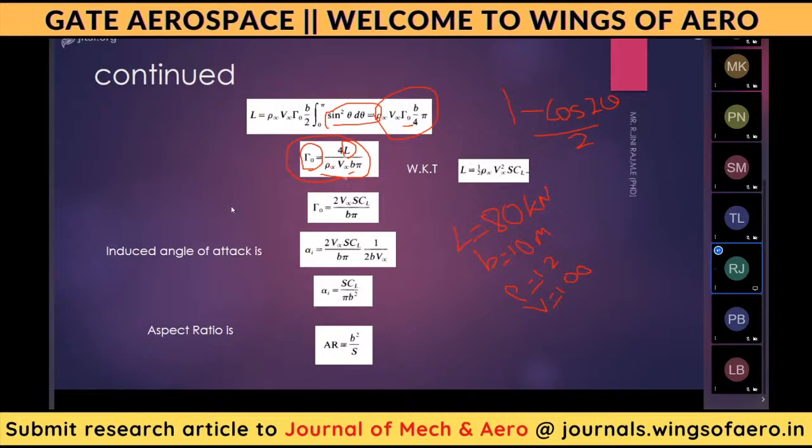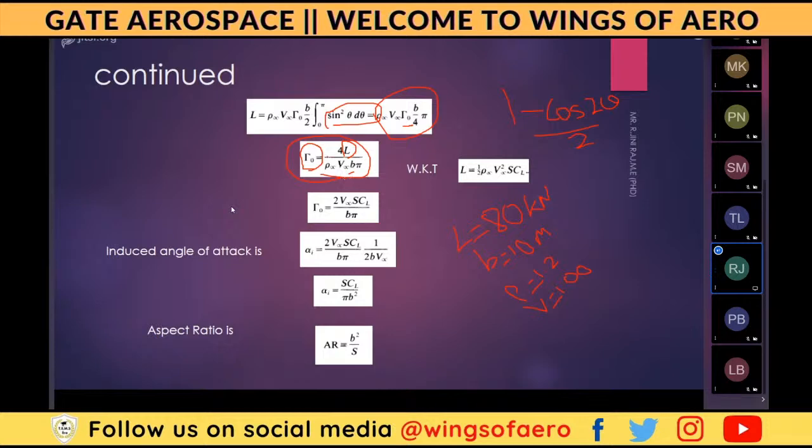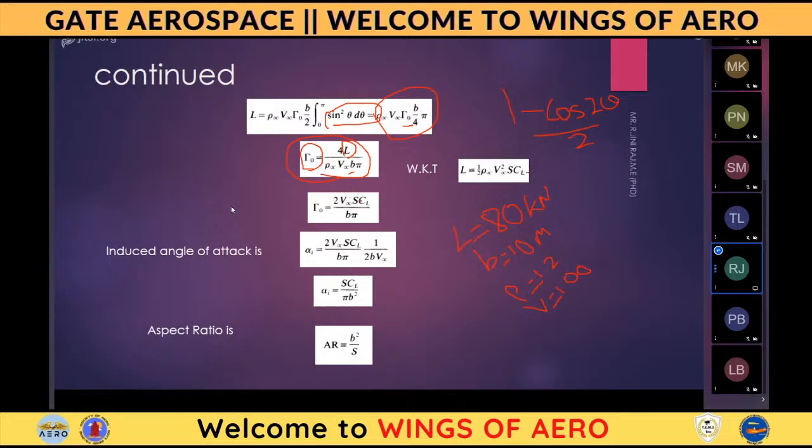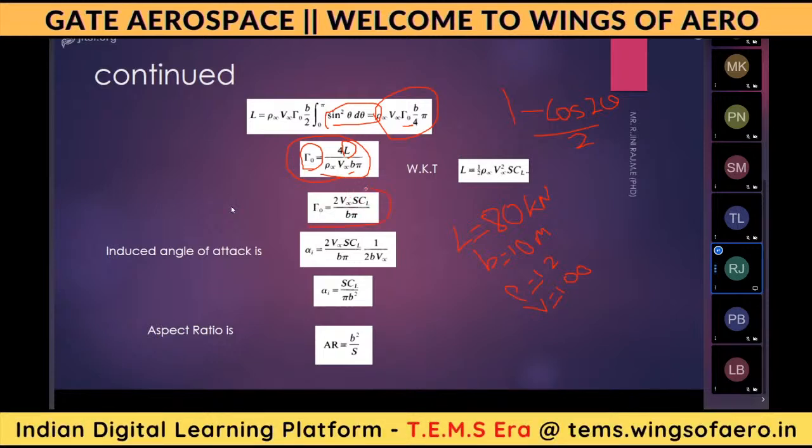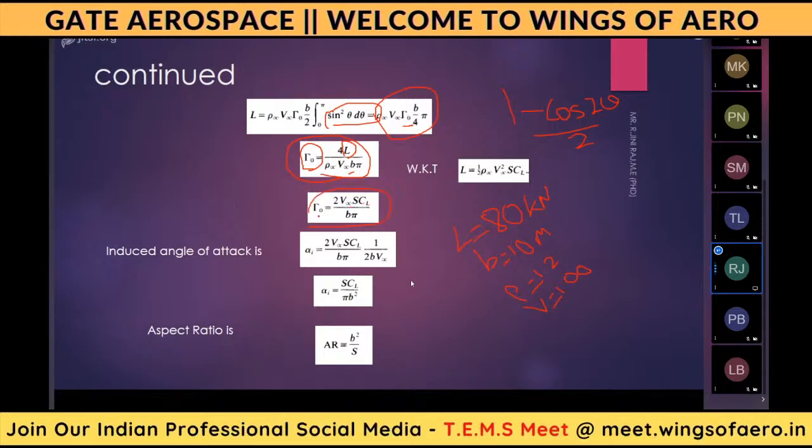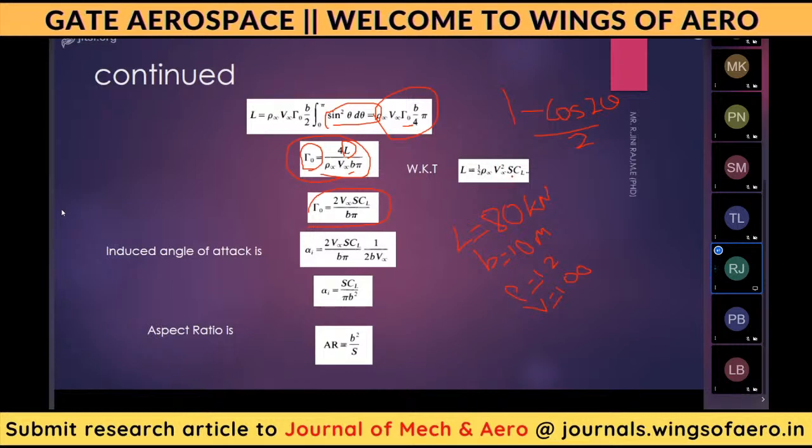So now you all know how to calculate this circulation value based upon this formula. Or suppose they have given the CL value, then by using the next formula, gamma naught equals 2 into V infinity S CL divided by B pi, because we know L equals half rho infinity V infinity square S into CL.